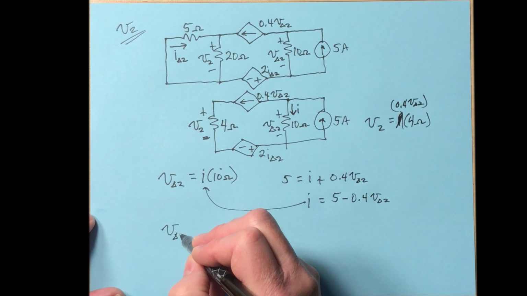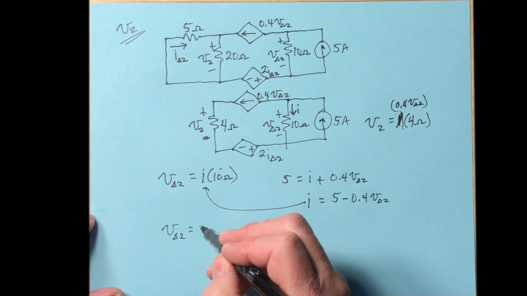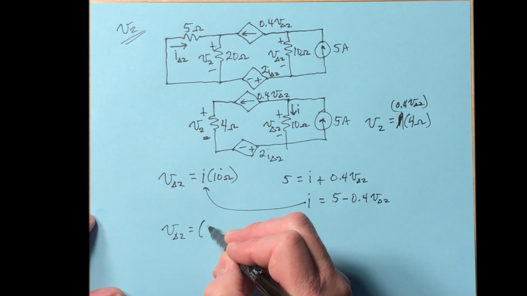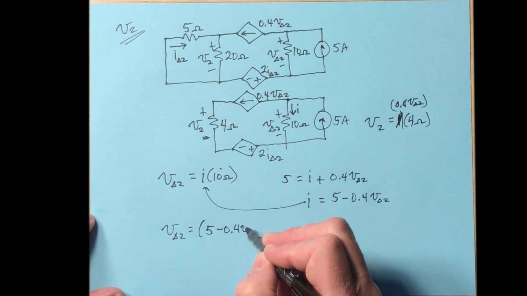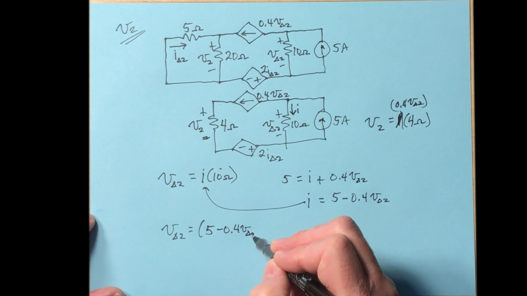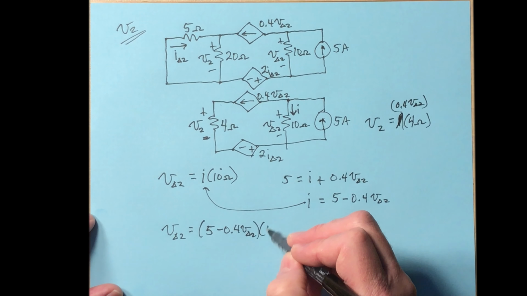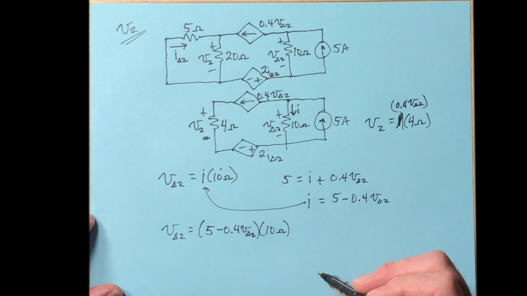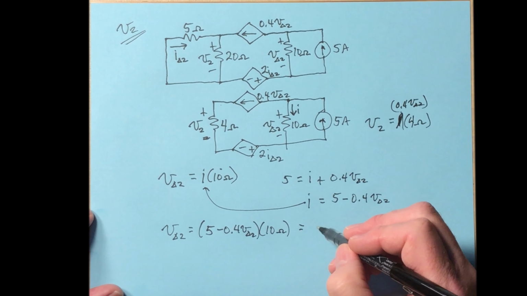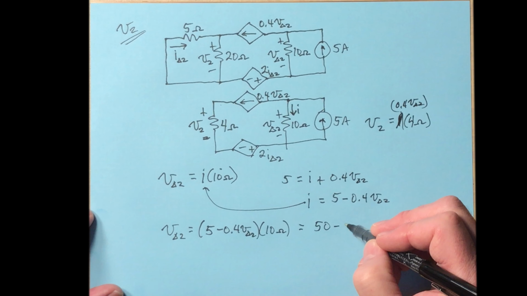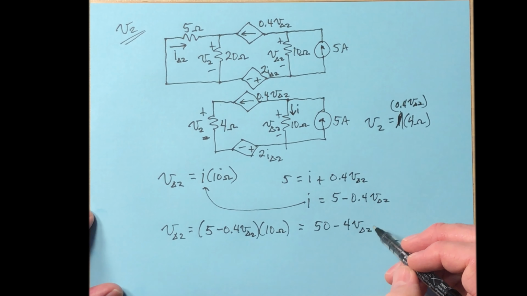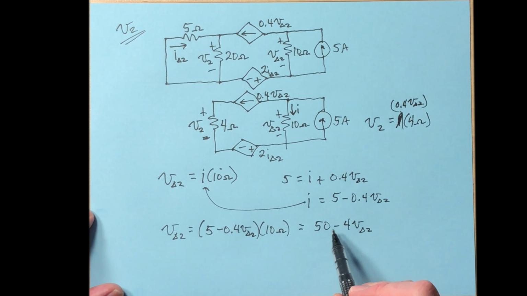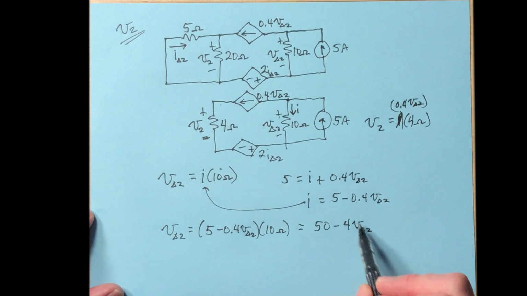Then V delta 2 is equal to I, which is 5 minus 0.4 V delta 2, times 10 ohms. Let's multiply through. That's going to be 50 minus 4 V delta 2. So V delta 2 is equal to 50 minus 4 V delta 2. Let's take that minus 4, put it on the other side of the equal sign.